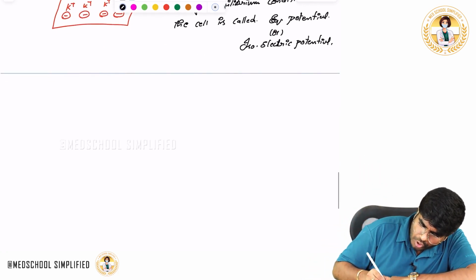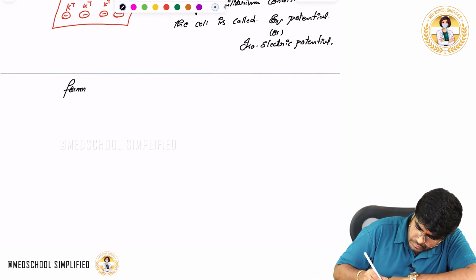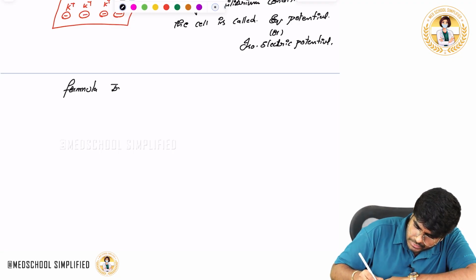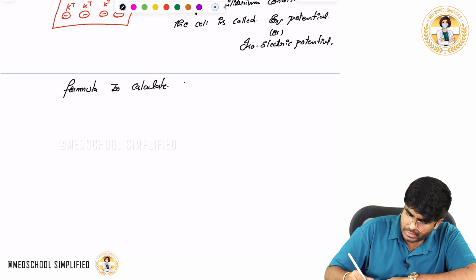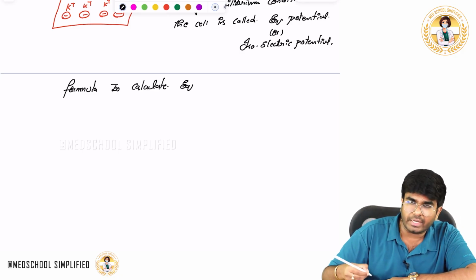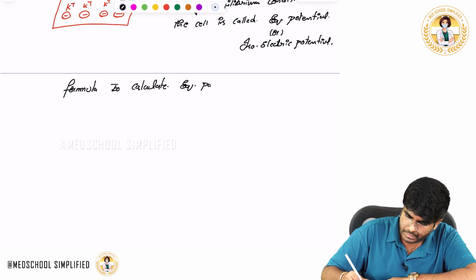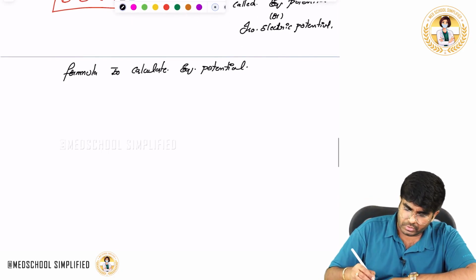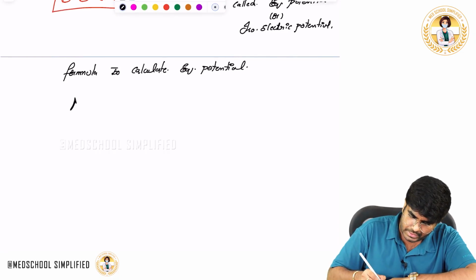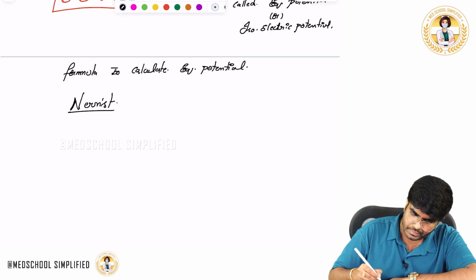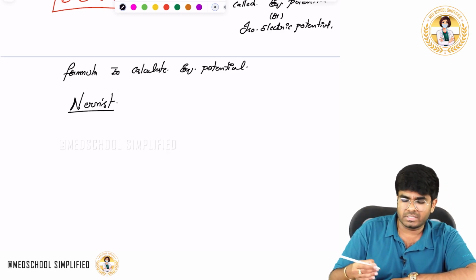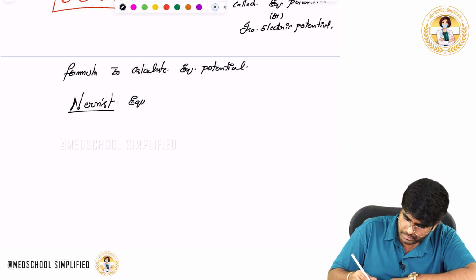So what is the formula to calculate the equilibrium potential or isoelectric potential of that particular ion? The formula is the Nernst equation. Some will call it Nernst equation.